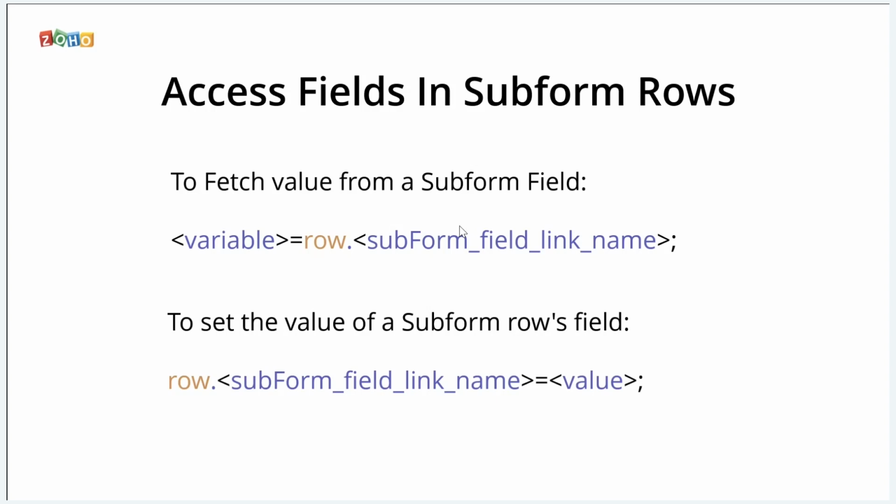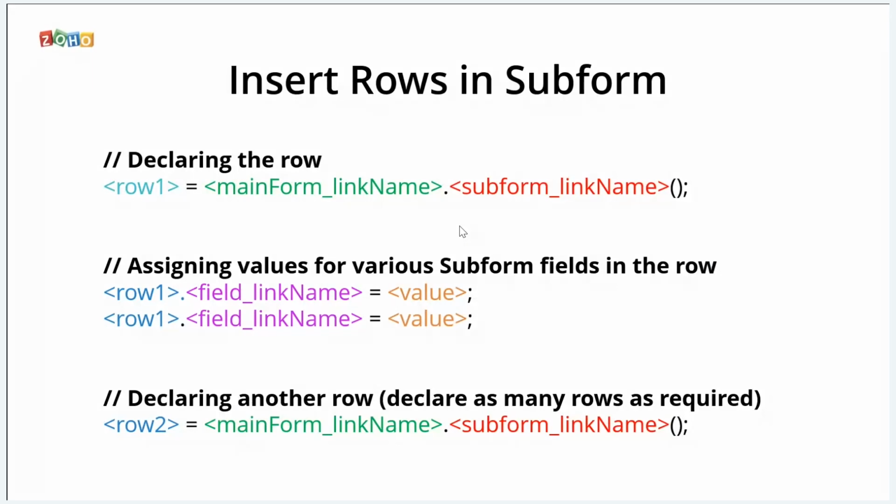And to set values of a subform row's field, you have row dot subform field link name is equal to the value. Now you can insert rows in a subform, wherein you can declare a row is equal to the main form link name dot the subform link name. So this is the syntax for declaring a row.